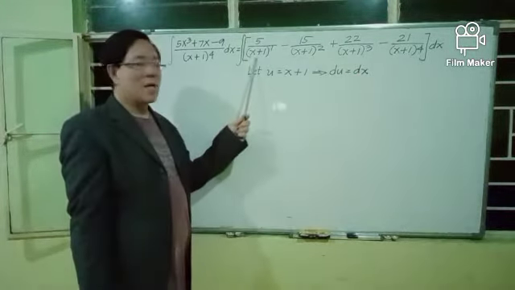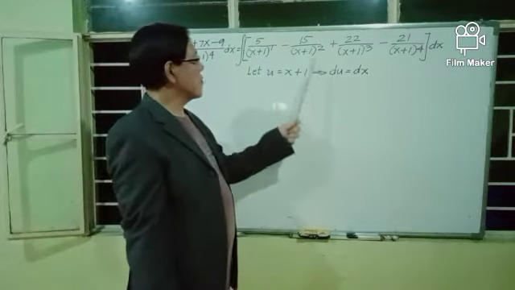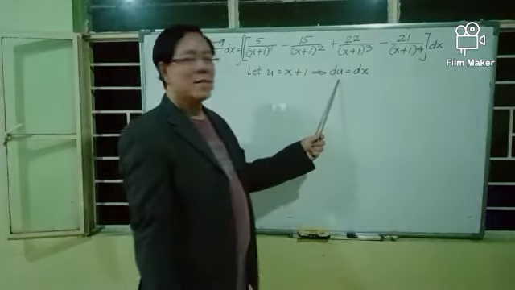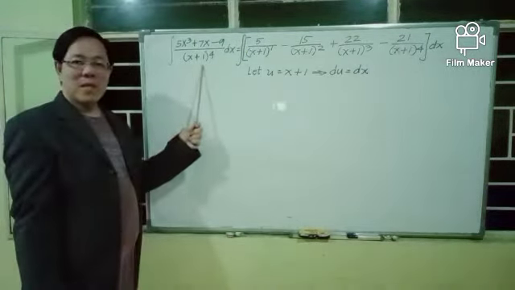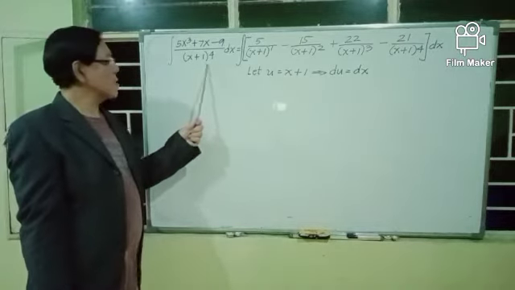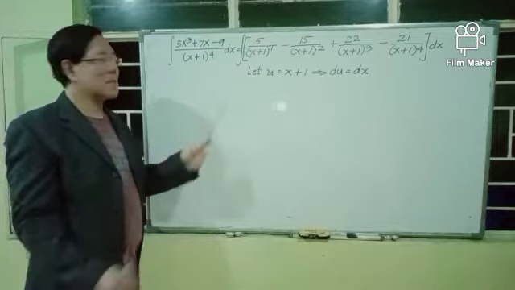At the right hand side, we replace x plus 1 with u, and we replace dx with du. And the left hand side remains the same because this is the given integral that we want to evaluate.